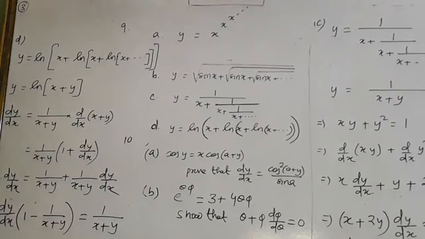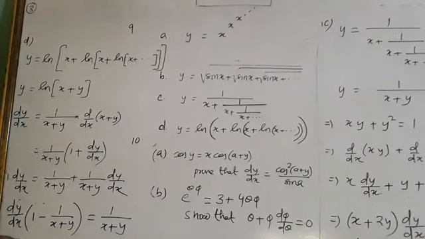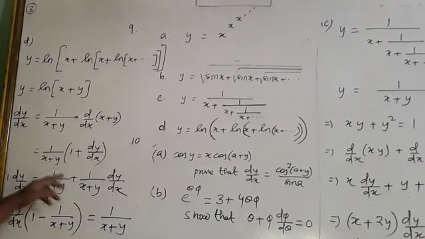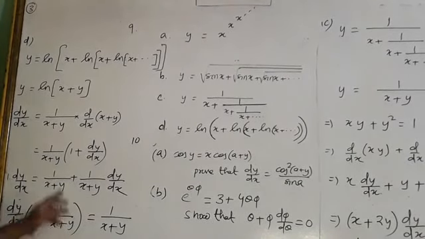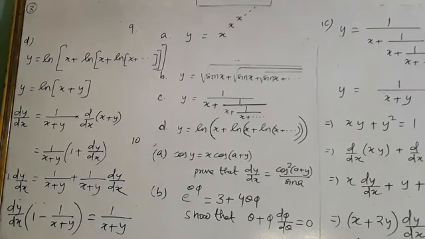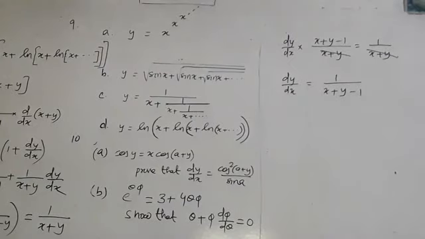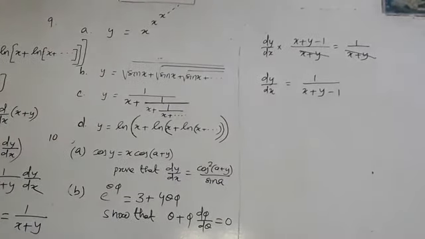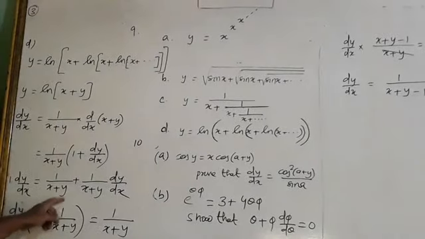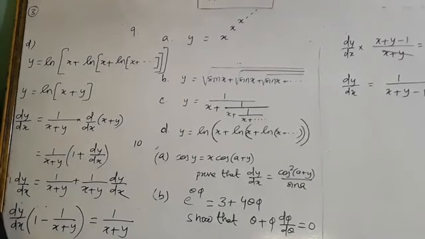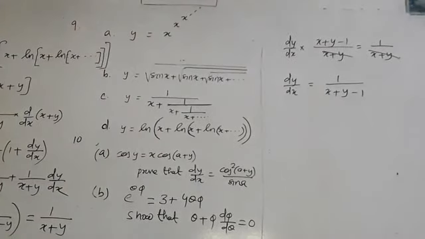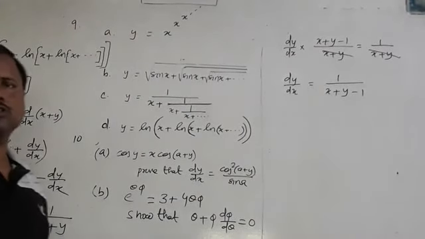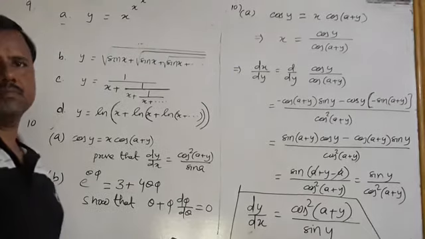Taking to one side, dy by dx (1 minus 1 by (x plus y)) is equal to 1 by (x plus y). After simplifying, dy by dx times (x plus y minus 1) divided by (x plus y) is equal to 1 by (x plus y), then dy by dx is 1 by (x plus y minus 1).